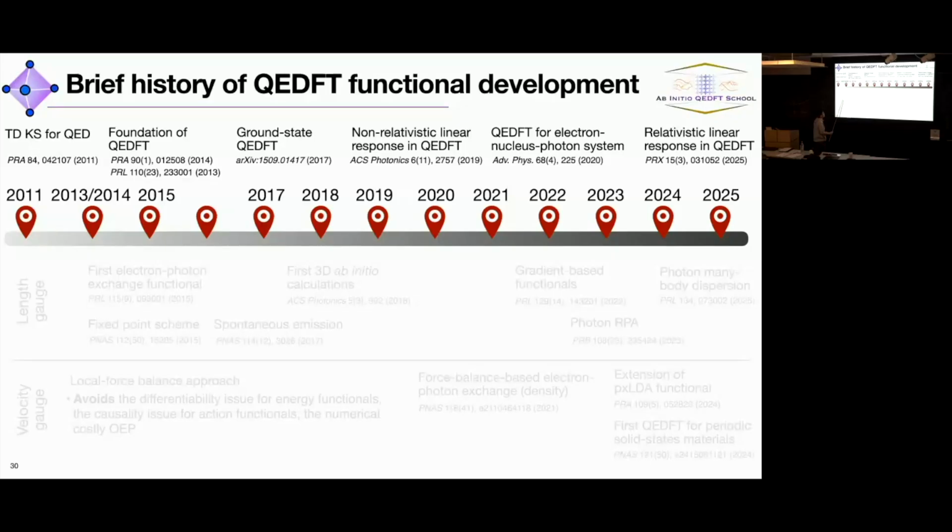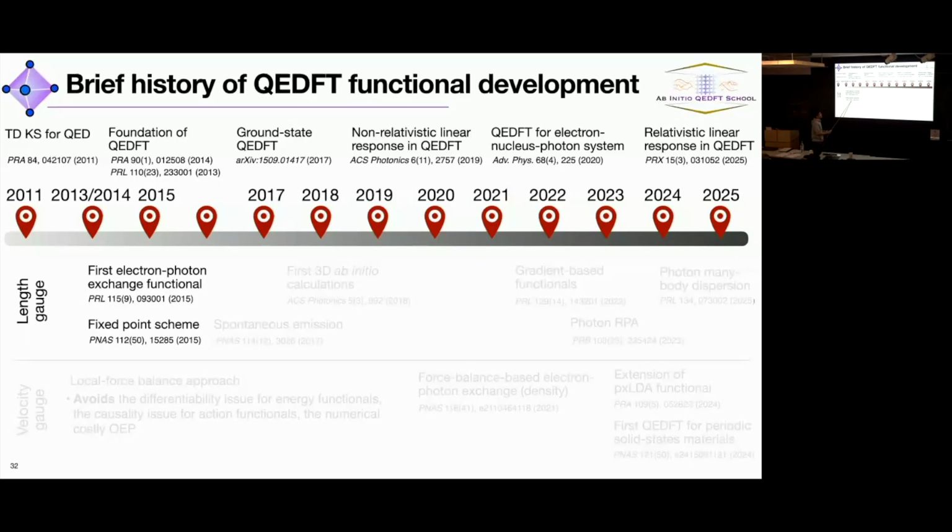Now I'm going to walk you through the functional itself. You already know that the Pauli-Fierz Hamiltonian can be written in the length gauge and also the velocity gauge. People started with the length gauge. The first electron-photon exchange functional was developed in 2015.